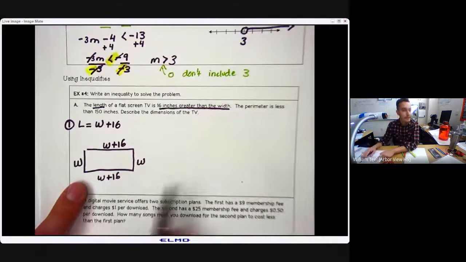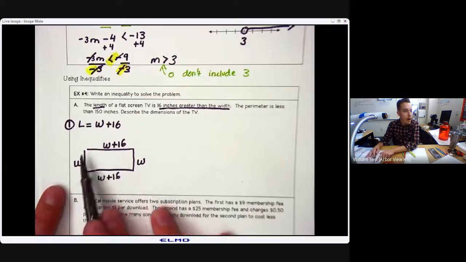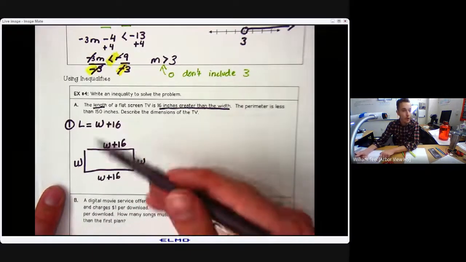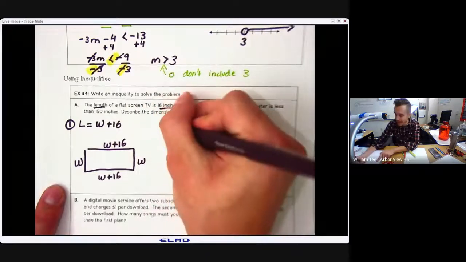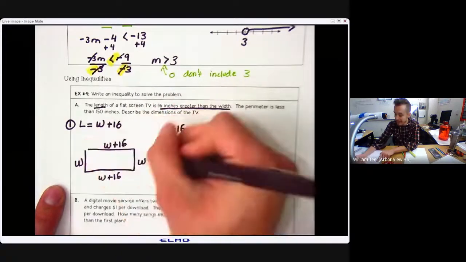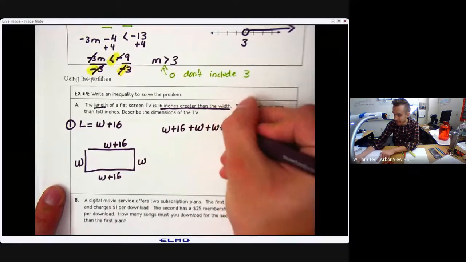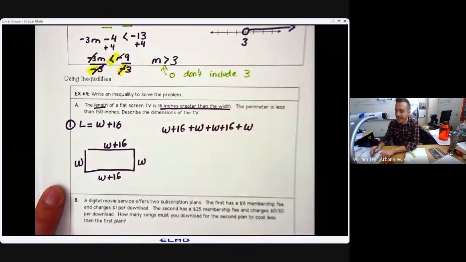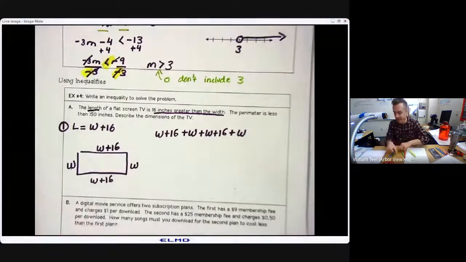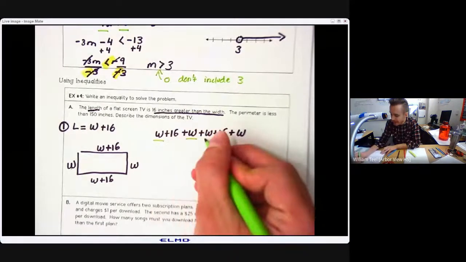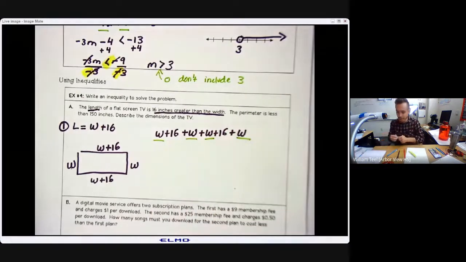So now the perimeter of the TV is going to have to be all of these things added up together. So I'm going to have W plus 16 plus W plus 16 plus W plus W. Remember, I'm adding all of those up together to find the perimeter. I have some like terms here. My like terms are W, W, W, and W, so I have 4 W's.